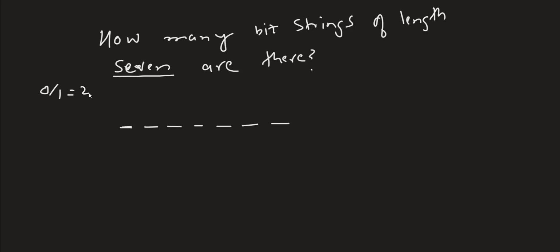So each task has 2 choices: 2, 2, 2, 2, 2, 2, 2. Since there are 7 of these, they multiply, and we get 2 to the power 7. That is the number of bit strings that can be generated of length 7.